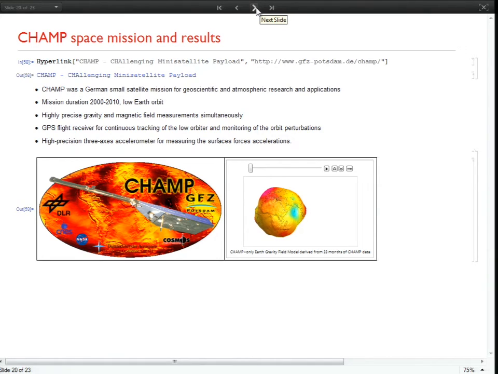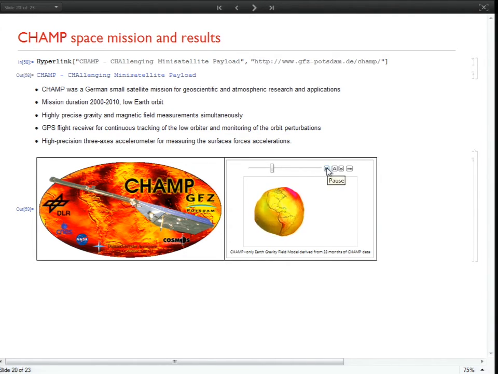Here you see a picture of the satellite, and the logo shows all the organizations involved. And here you see one of the scientific results of the CHAMP mission. This is the geoid as determined by CHAMP, and let's see if that works. So this is, of course, again highly exaggerated, the geoid figure obtained from that.